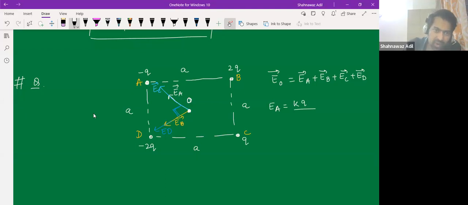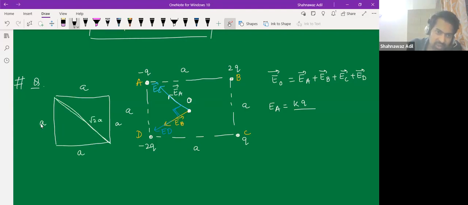What is this distance? We have already calculated this distance in the force calculation. This distance was root 2a, because this was a, so the hypotenuse is root 2a. And this distance was root 2a by 2. All these distances were the same, right?